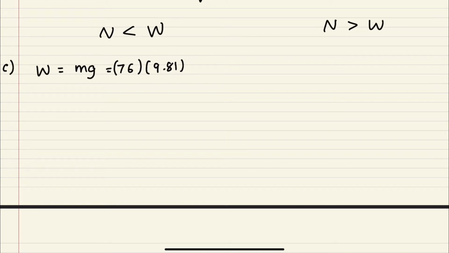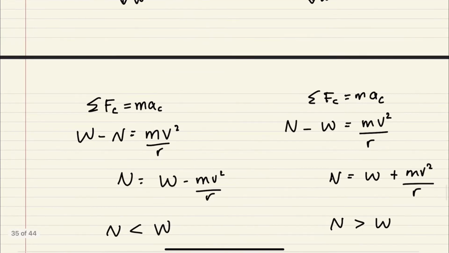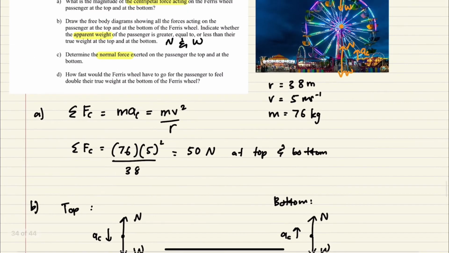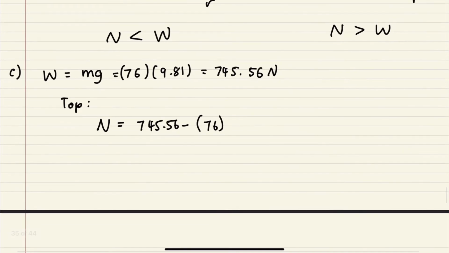It will be 745.56 Newton. So again, at the top is over here. Just double check, this one is for the top. Yes, I can use this equation straight away, and this equation as well. So N equals 745.56 minus mass, which is 76, times velocity 5 squared over 38.